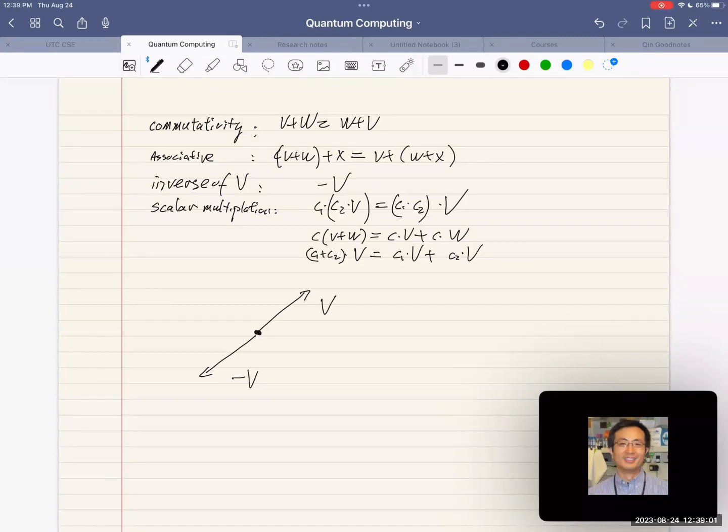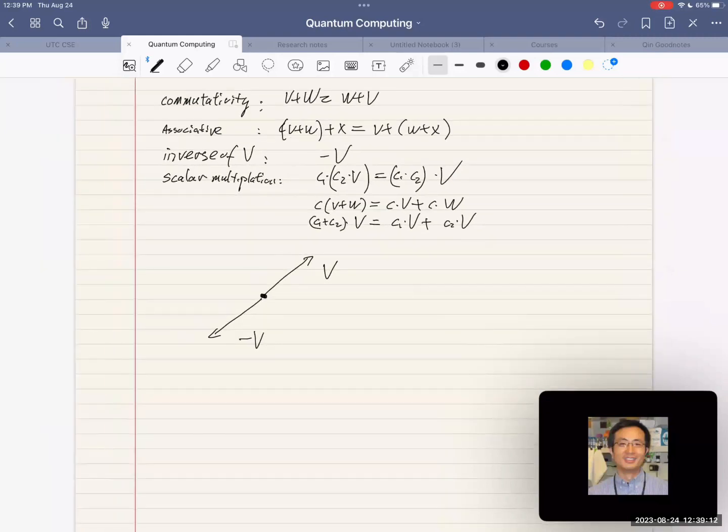And what's the other one? If there's a vector v, we multiply it, and it becomes a constant times another v.